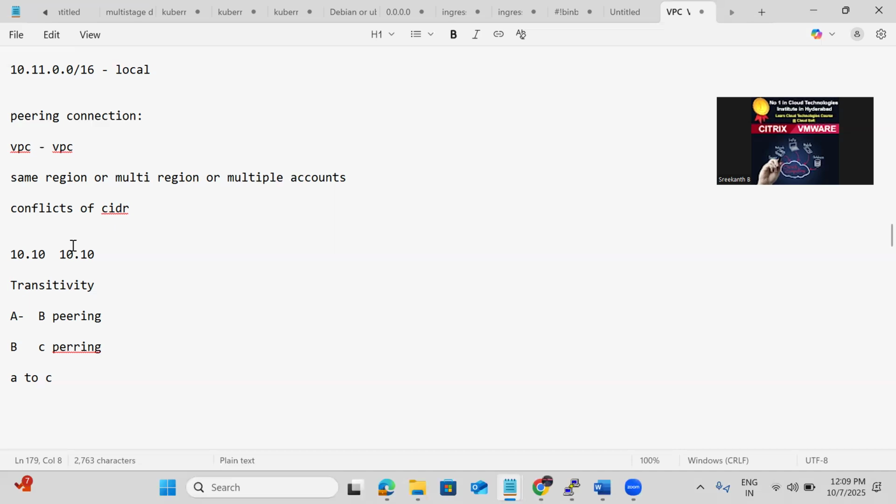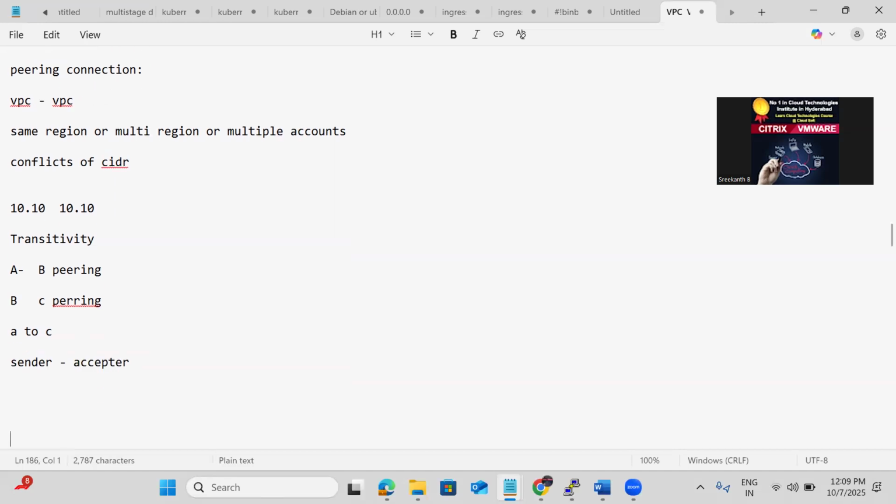Then here we have two different VPCs: one is the sender, or requester, and the second one is the acceptor. The acceptor needs to accept the peering request, and we need to update the route tables also for the VPC connection.